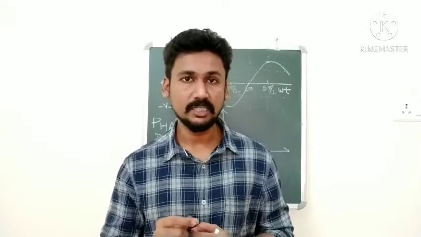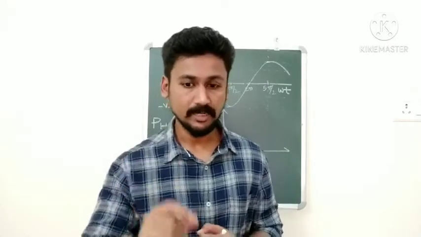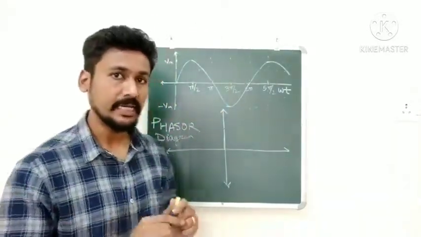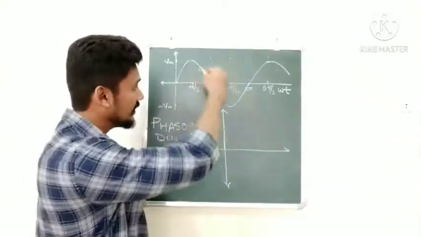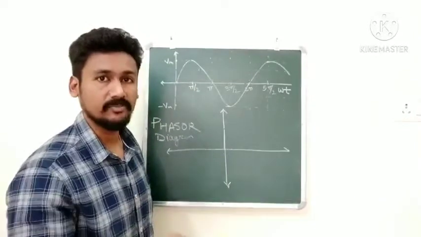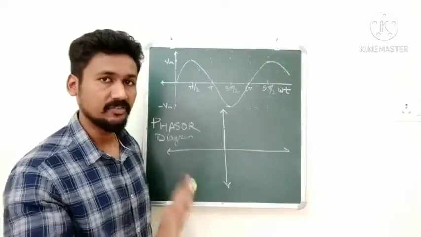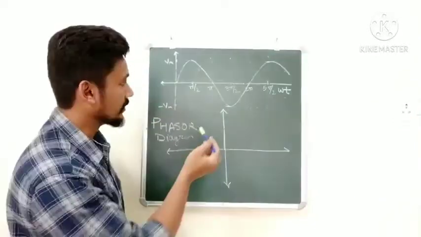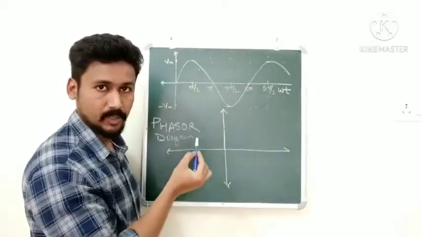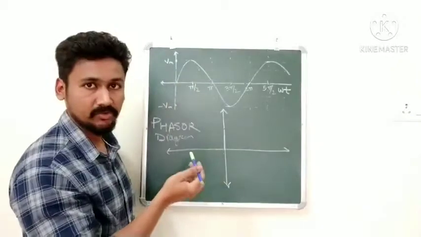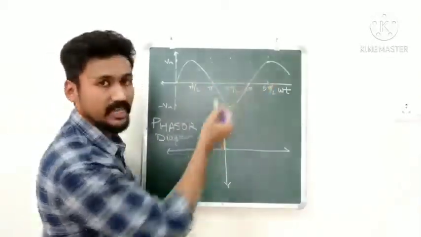Now, of course, the first thing we'll ask is, what is meant by a phasor? Basically, phasors help us represent this kind of graph in a vector form. Now what is a phasor? Take a look at this. This is a graph of voltage versus omega t for an AC voltage. This is the normal case that we had seen earlier.